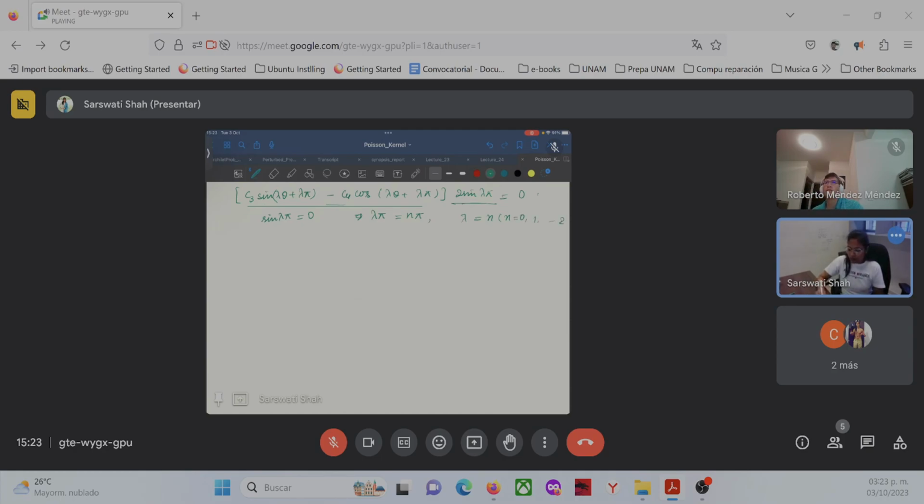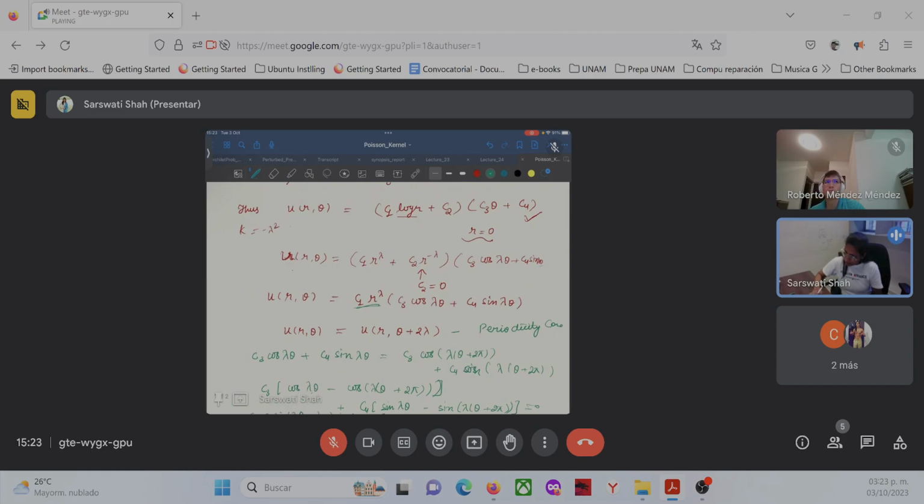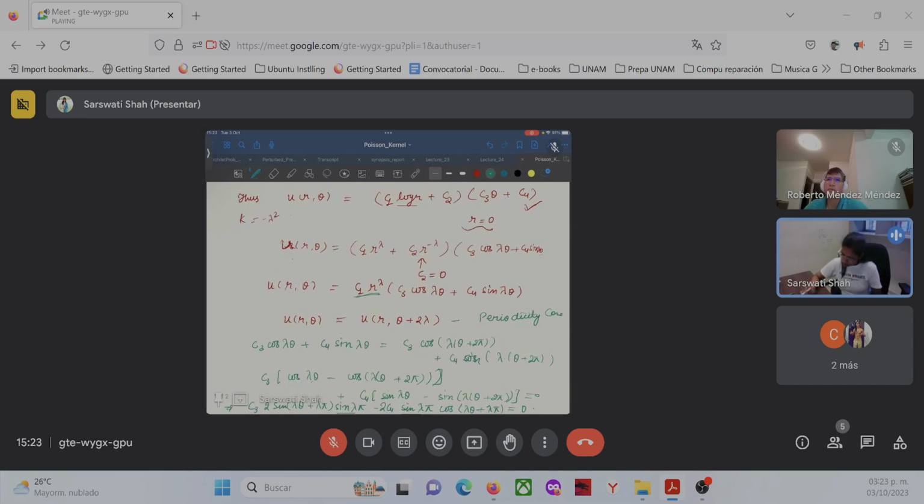Now we have the solution, where lambda is an integer value, like lambda equals 1, 2, 3, 4 and so on. So the total solution of the given partial differential equation will be the superposition of those solutions.